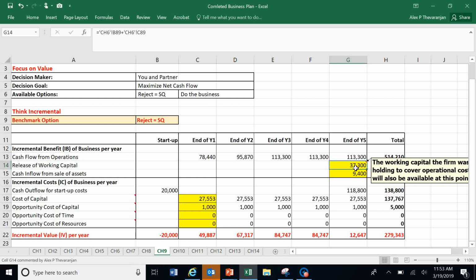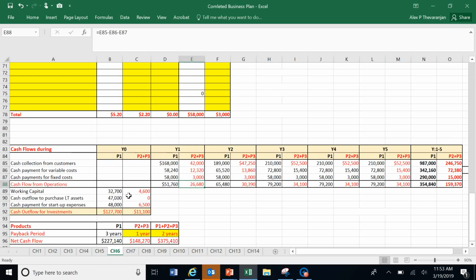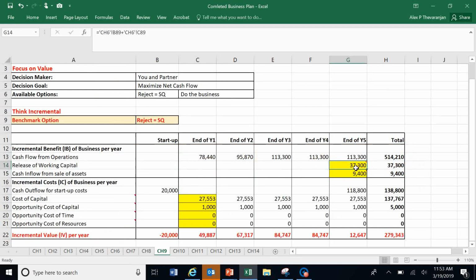Remember, this is what you were holding at the end of each year, and that is coming from chapter 6 B89 and C89. This is that working capital we wanted to have at the beginning of each year. But if you're closing the business, that money is released, and that is your 37,300 here. So you just find chapter 6 B89, C89, and put it there.